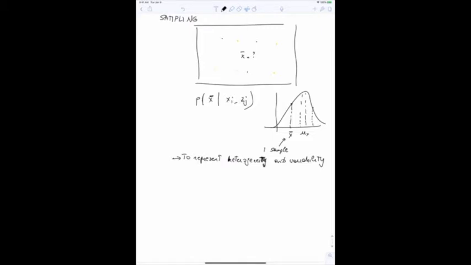Okay, so how are we going to do it? Because I told you in the previous lecture that the trick is that if I want to do it at two different locations, for example, one here and one here, I cannot do it independently because these two values have to be somehow correlated, because there's a spatial correlation model that is supposed to represent the continuity in the geology. So the challenge here is to sample with spatial correlation.